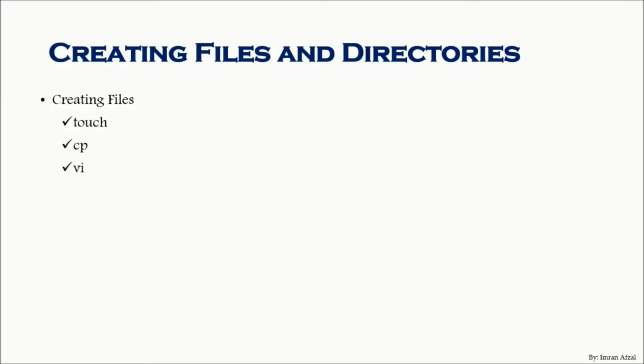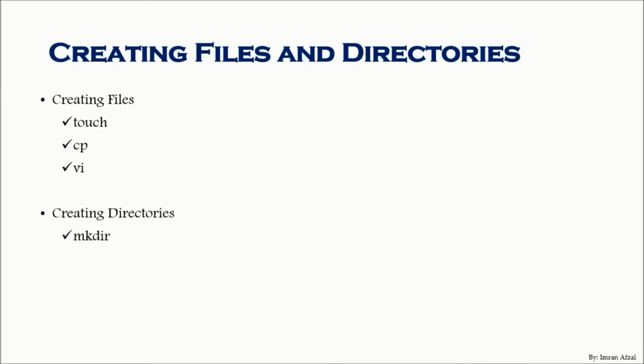And the third way to create a file is through the vi command. Vi is our editor, which we will cover in detail later in the lessons, but I will cover quickly how we could create a file using vi. Creating directories: the easiest way to create a directory is mkdir, which is make directory.